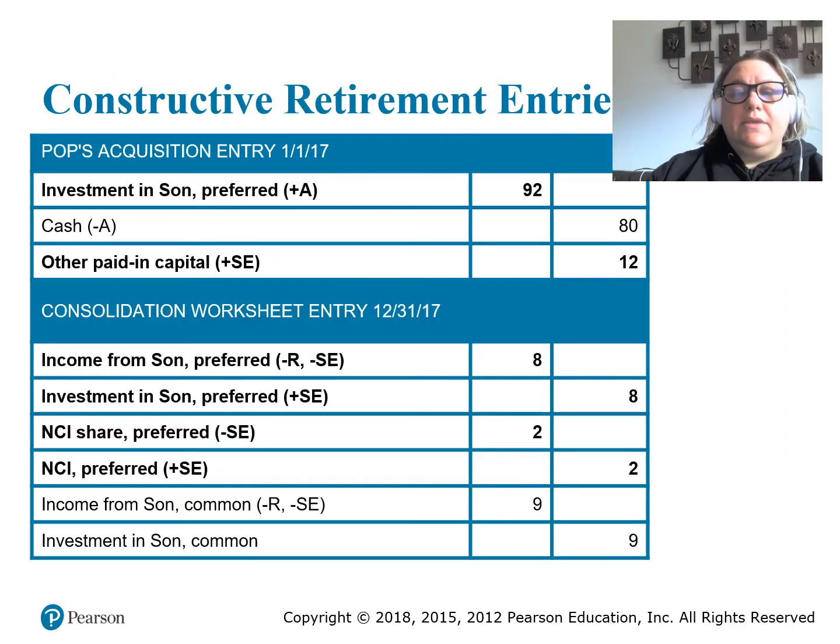Okay, so now let's look at the journal entries. Again, just pretty simple. You can see here where we added $12 into other paid in capital. You can see here where the dividends increase the investment, and then also increase the investment in the preferred. So that's just a simple breakdown of the constructive retirement entries.